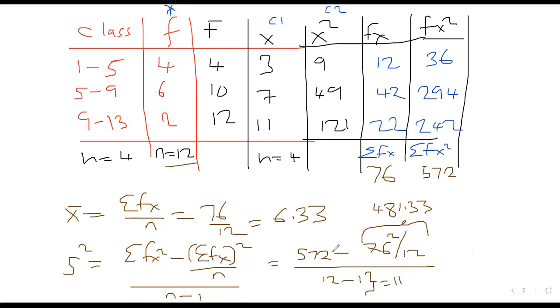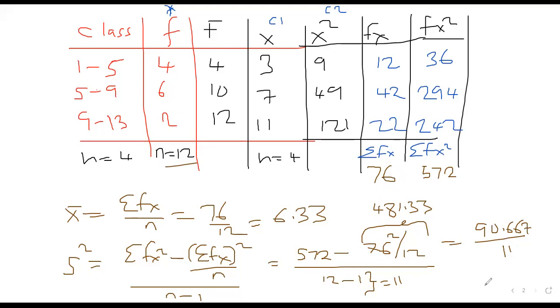So 572 minus the answer that we found here will give you 90.667, divided by 12 minus 1, which is 11.